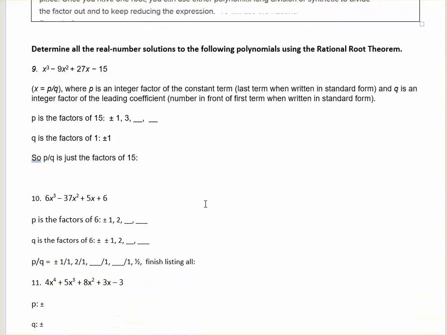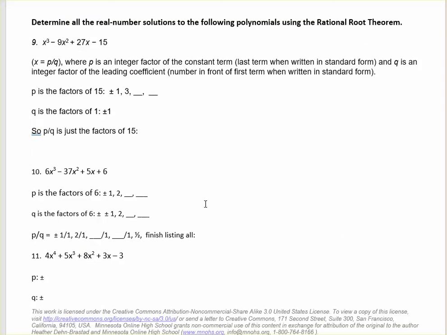Yours don't have as many factors when you do 9, 10, and 11. Let's look at number 10. The constant at the end is 6, so you have to list all the factors of 6: 1, 2, 3, and 6. And then the first one is the same thing, 1, 2, 3, and 6. So then you're going to write these all as pairs of fractions. So 1 over 1, I've got that one down. And then 2 over 1. And then 3 over 1.